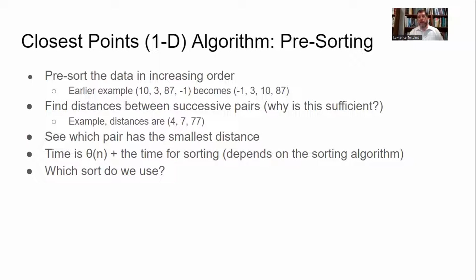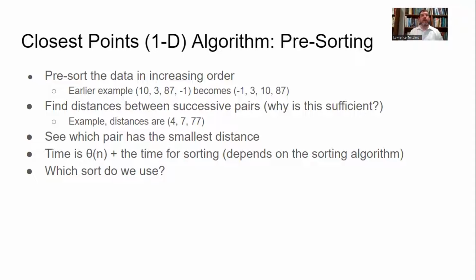Pre-sorting means you sort the data and then you do whatever you need to do. Search. Correct, right? All but the linear search required that the data be sorted. If you just want to look for one thing, you don't usually sort it, but if you're going to be searching a lot, then it makes sense to keep the data sorted.